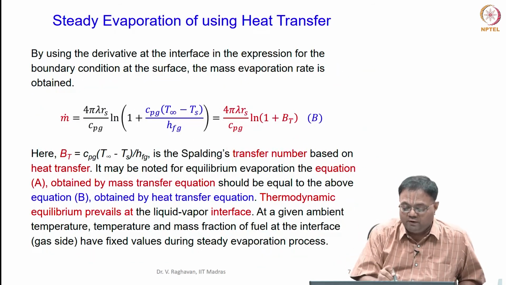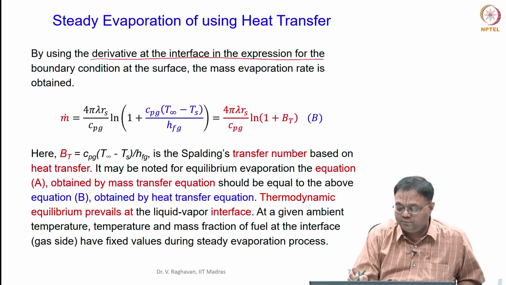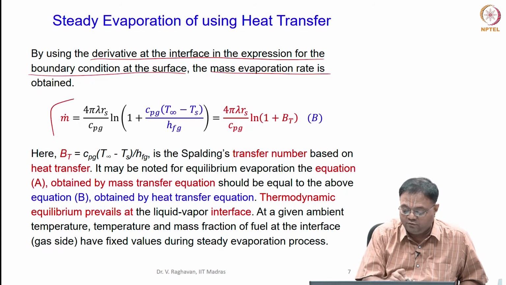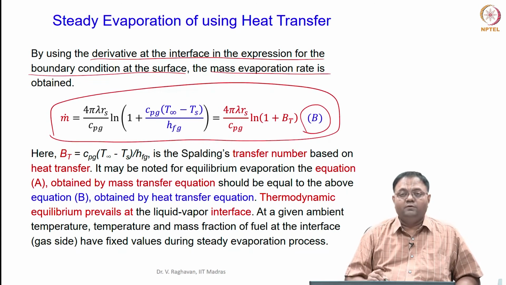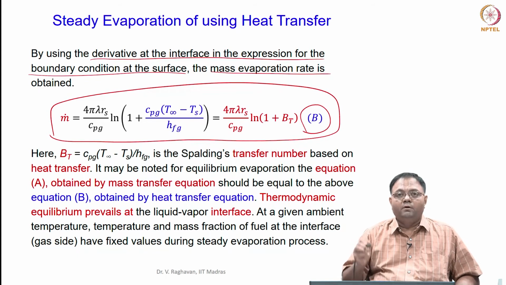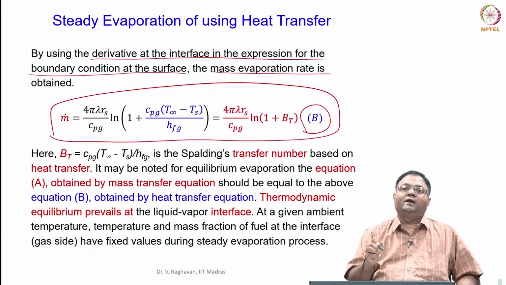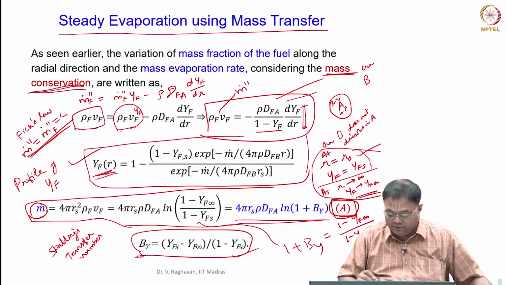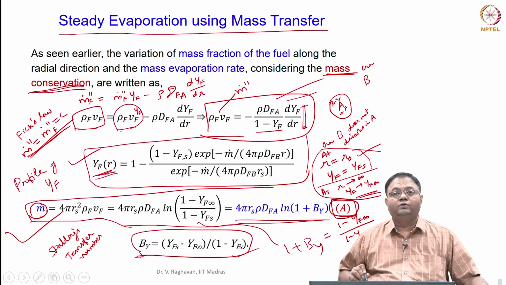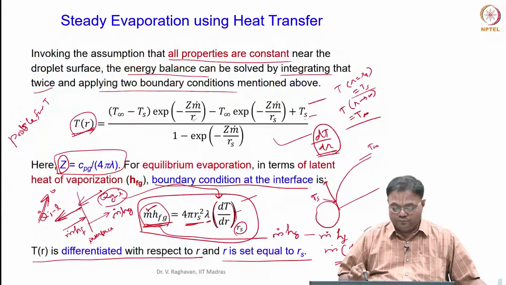By using the derivative at the interface in the expression for the boundary condition at the surface, the mass evaporation rate is obtained like this. This is equation B, which gives the mass evaporation rate calculated from heat transfer. Equation A, on the other hand, was calculated using mass transfer.